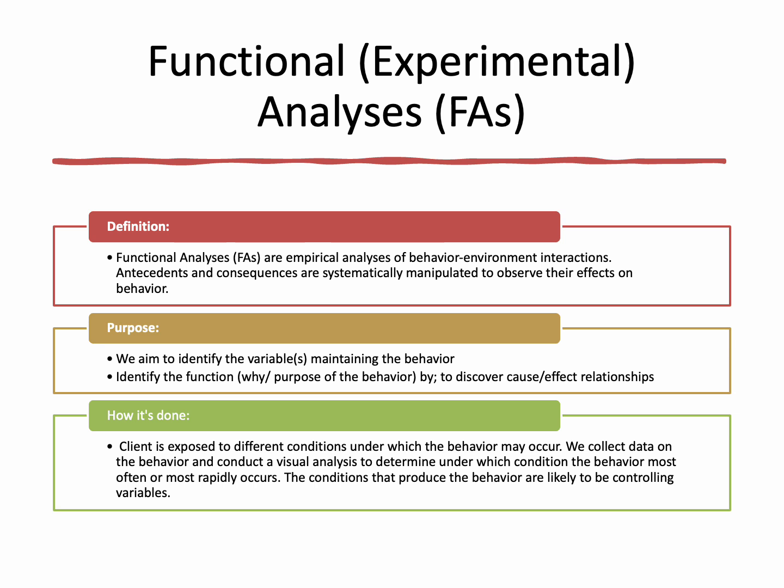So how exactly is a functional analysis conducted? Well, within a functional analysis, what we basically do is we expose our clients to different controlled conditions. Functional analyses are conducted in a very contrived environment. Usually, there's different types of functional analyses and different variations, and some of the newer variations you can conduct in a more natural setting.